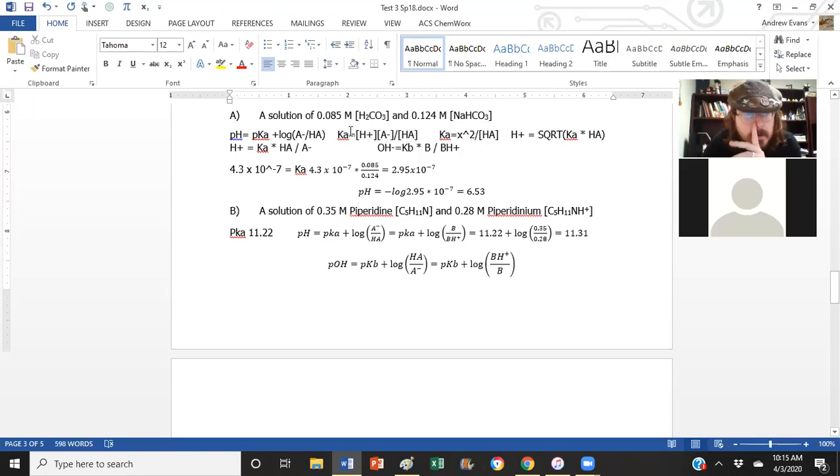This is our starting equation. We've turned it into this for a buffer, and you modify it to get to there for the Henderson-Hasselbalch. But this is our initial starting point for everything. So it's not magic to get from here to here. It's just the systematic mathematical treatment of separating the variables to solve for the unknown.